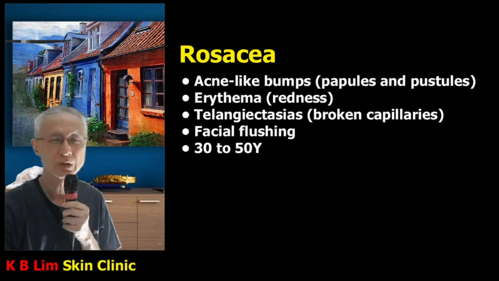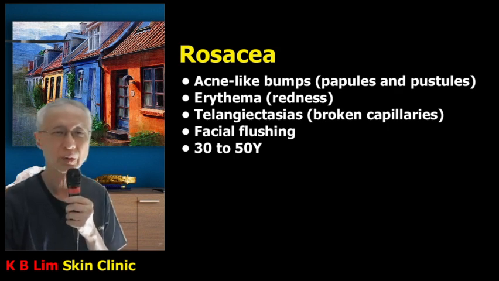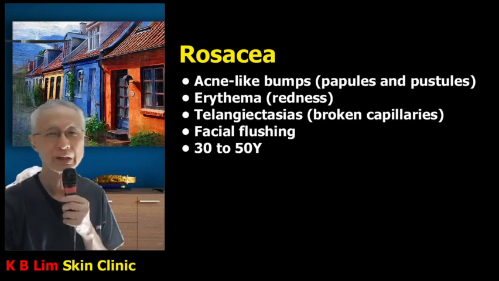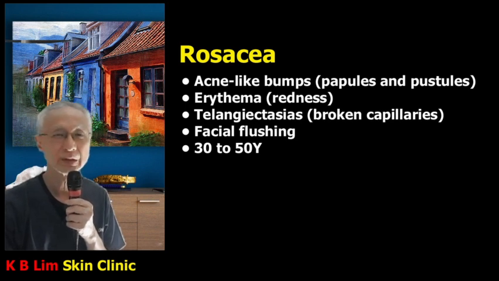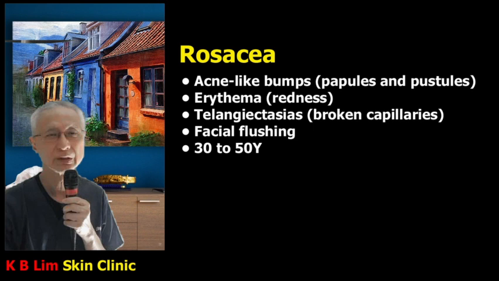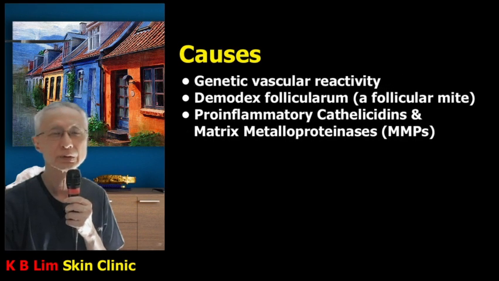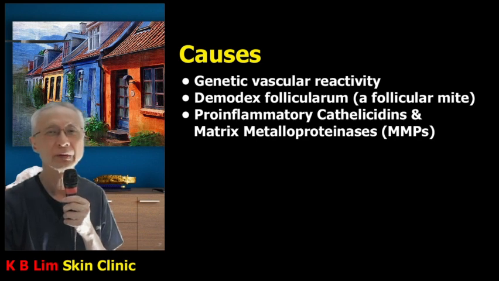And unlike patients with acne vulgaris or acne, which affects teenagers and very young adults, rosacea usually affects the older individual, usually between the ages of 30 to 50. The causes include an inherited vascular reactivity.